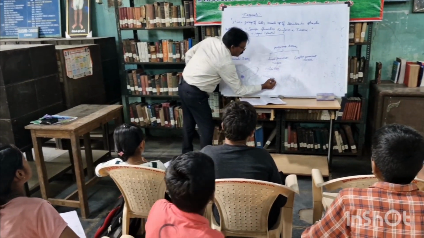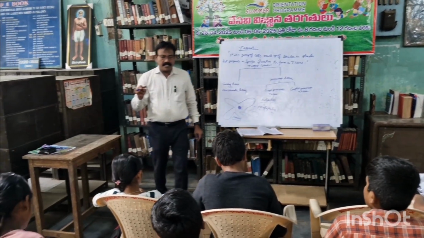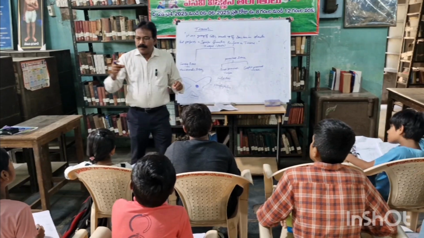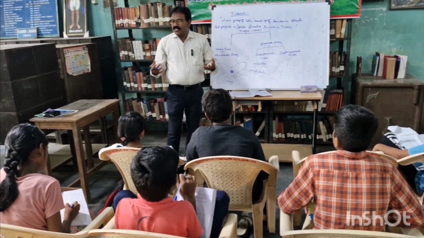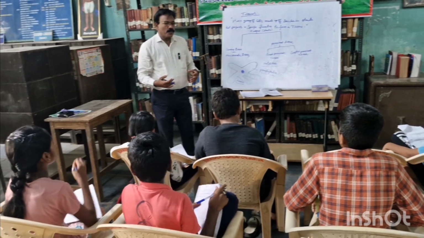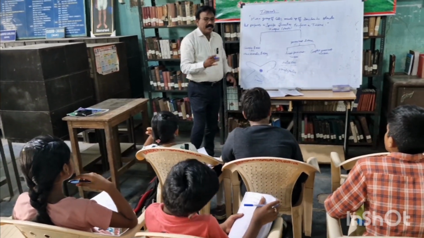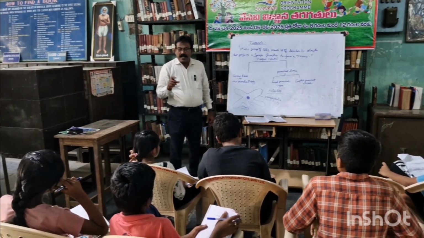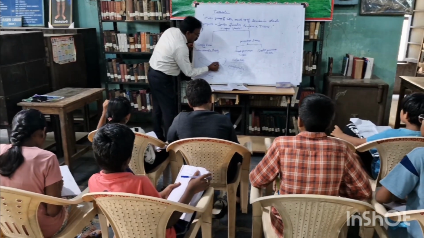By extending the pseudopodia, it catches the prey, the prey becomes part of the cytoplasm, and a vacuole forms around the prey as a food vacuole.